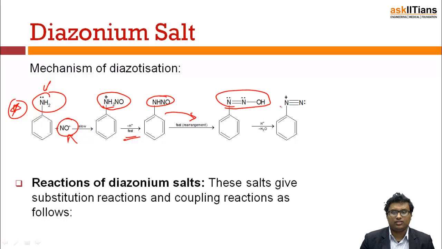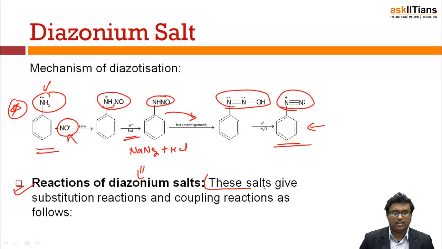Afterwards, you will be getting N2 plus. The reactions of diazonium salts are very important. In any reaction of a diazonium salt, first your aniline is converted into the diazonium salt with the help of HNO2 or NaNO2 in the presence of HCl.